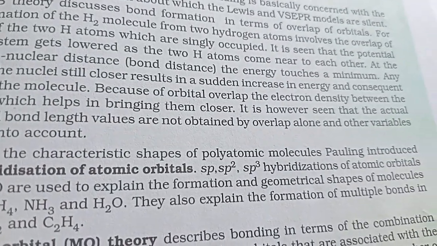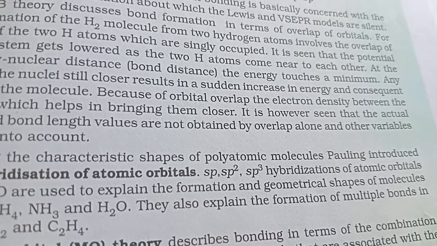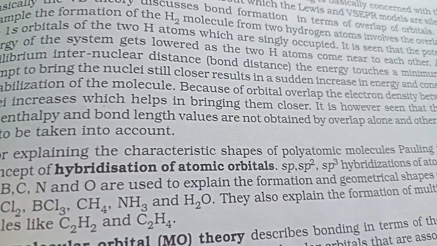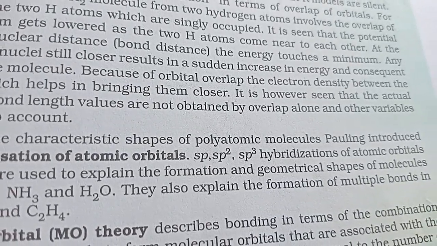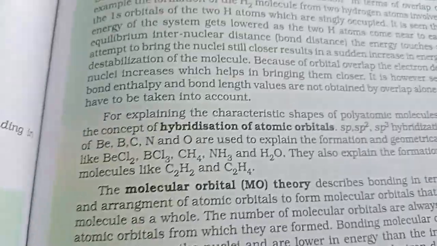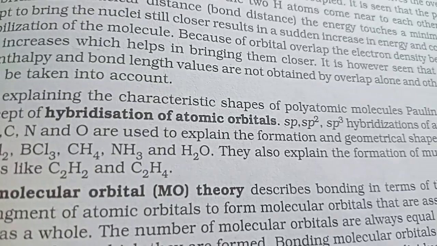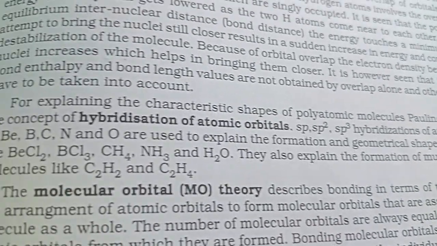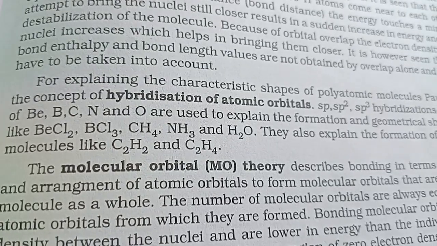Because of the orbital overlap, the electron density between the nuclei increases, which helps in bringing them closer. It is, however, seen that the actual bond enthalpy and bond length values are not obtained by overlapping alone, and other variables have to be taken into account.